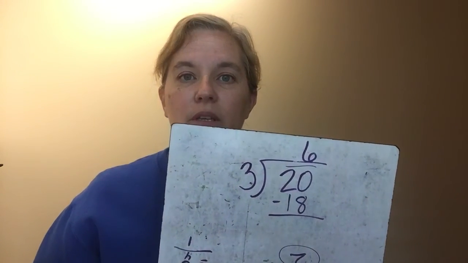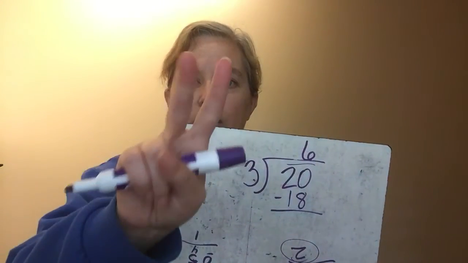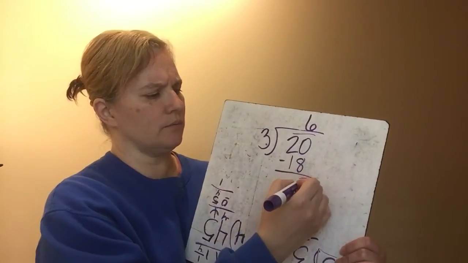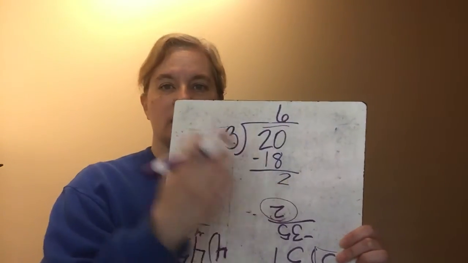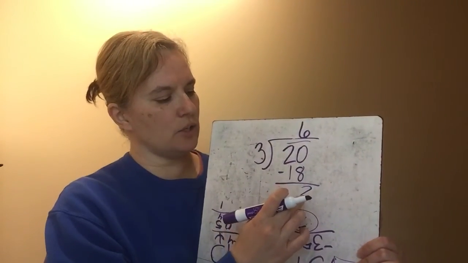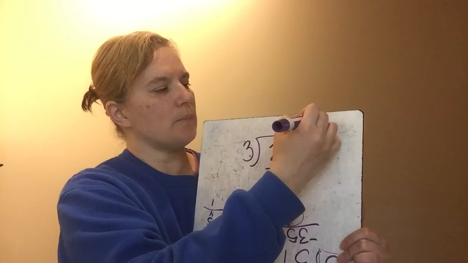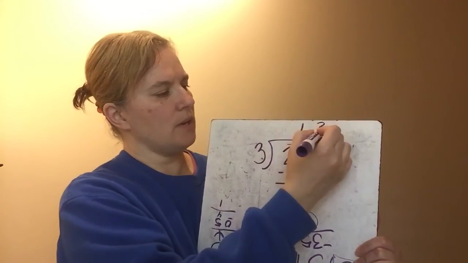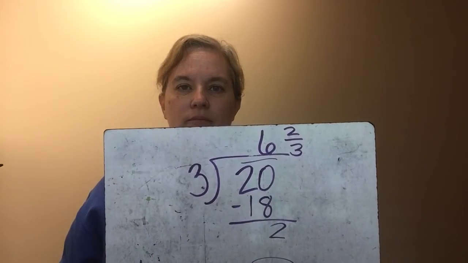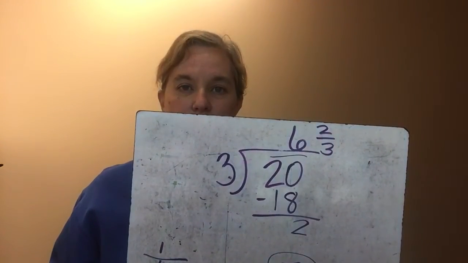They're really, really close to each other. 18, 19, 20. I'm not going to bottom bigger, gotta borrow. I know that it's 2. I check, it's smaller, there's nothing else to bring down, I'm finished. So I can say 2 goes from bottom of the pile to top of the mountain, 3 goes up and over. 6 2/3. So 20 divided by 3 equals 6 2/3.